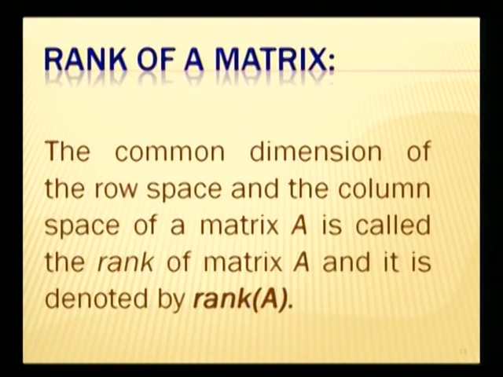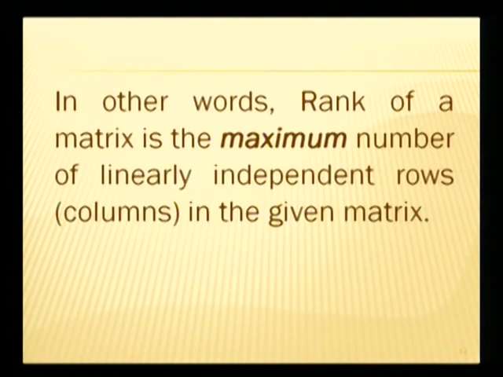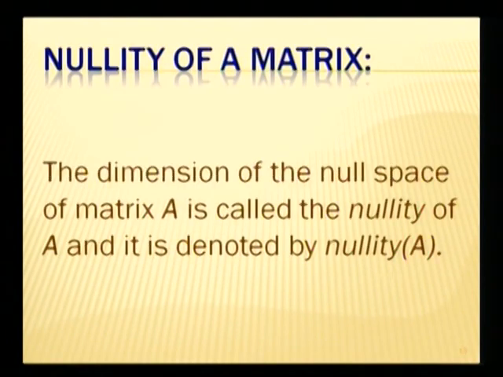We denote it by rank of A. In other words, we can say that the rank of a matrix is the maximum number of linearly independent rows or maximum number of linearly independent columns in the given matrix. Now, what is nullity of a matrix? The dimension of the null space of a matrix A is called the nullity of A. And the notation we use is nullity of A.